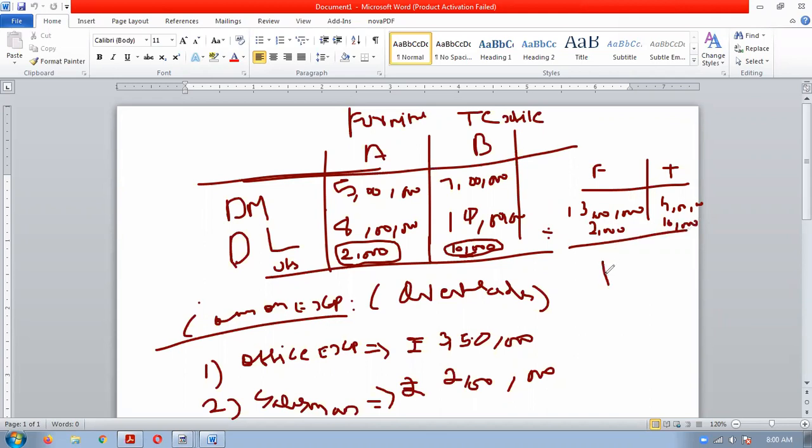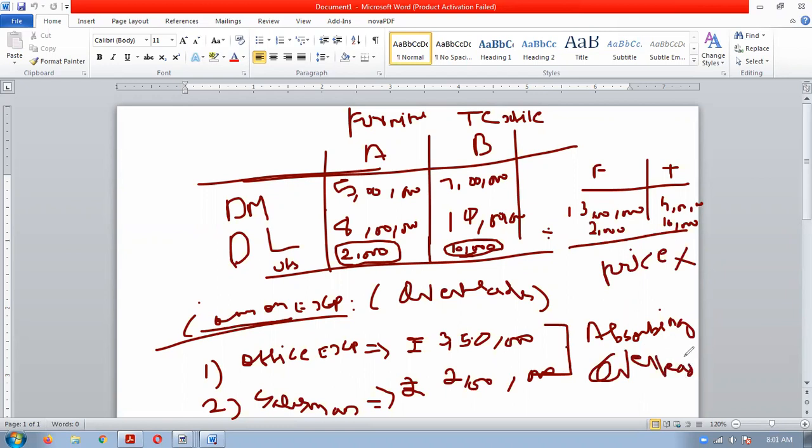And based on this, if you decide the price of the product, it will be wrong. Why? Because there are common expenses also. You have to recover these costs also from customers. So how you charge these common expenses to these products is known as absorbing overheads, or charging overheads. Okay, understood what is absorbing overhead or charging overhead?